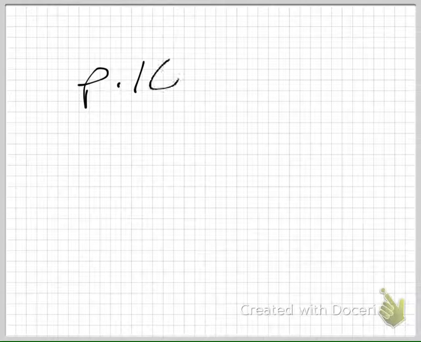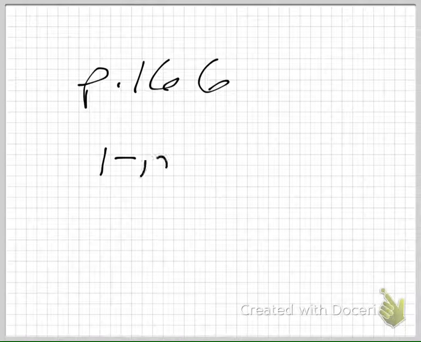Simplify the problem, right? So all these questions are going to be conducive to you simplifying the problem, making the problem simpler so that you can solve the more complex problem. Make sense? Okay. Your assignment is going to be to do page 166, 1 through 10, even.